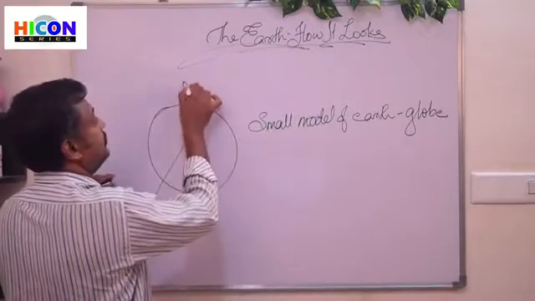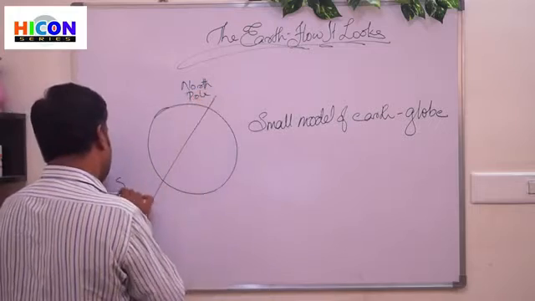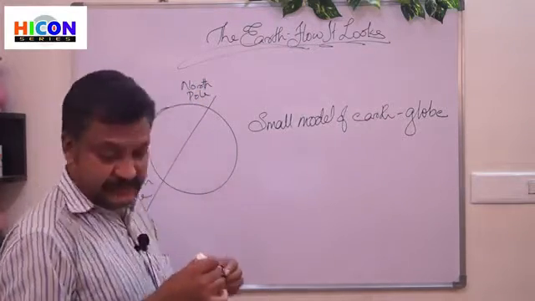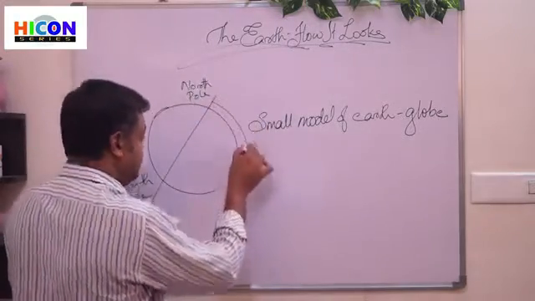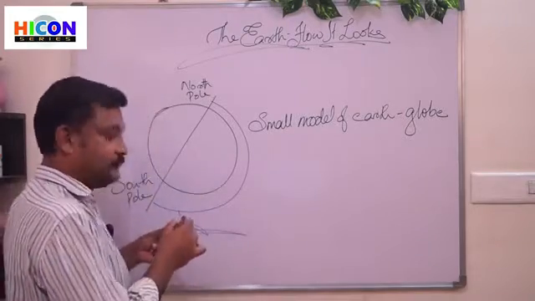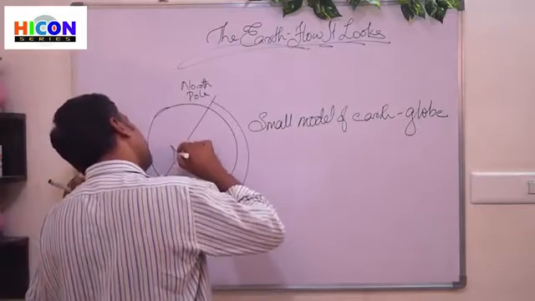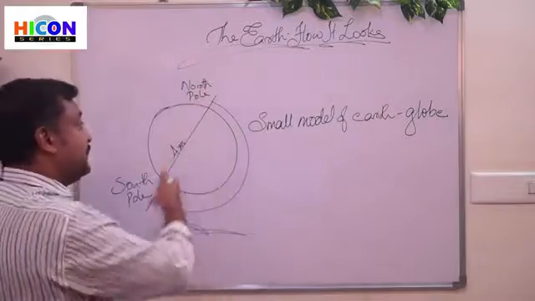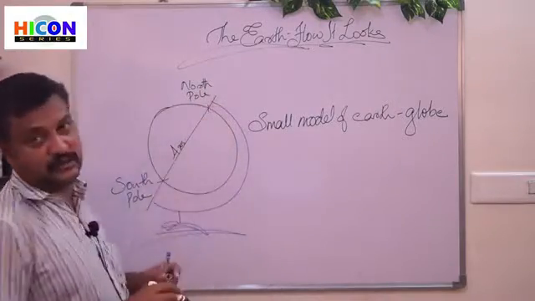This is the North Pole, this is the South Pole, isn't it? Now, this globe is fixed in the same way as the earth is rotating. This is a base. Okay, so this is the axis, and the axis passes through North Pole and South Pole.